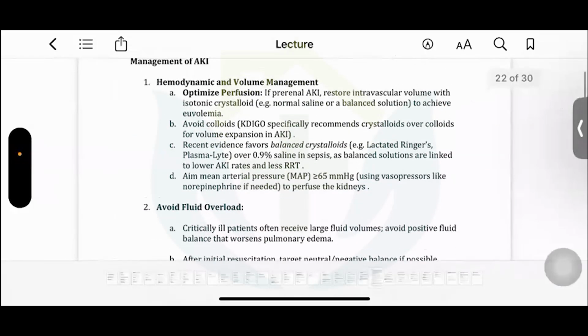management. So you must rule out the pre-renal part and optimize the perfusion, avoid colloids. It is very important in all the EDIC exams. Many times students say colloids, do not use colloids. KDIGO specifically recommends crystalloids over colloids for volume expansion in AKI. Recent evidence favors balanced crystalloids like Plasma-Lyte, Cabelite, and all these things.